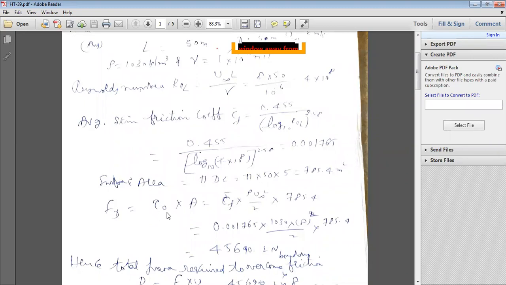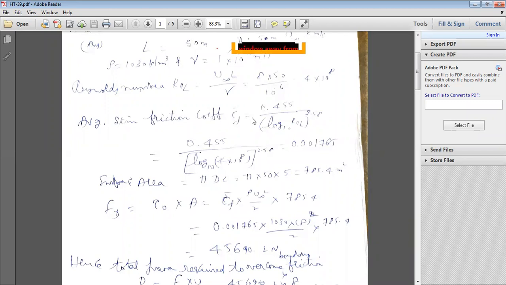How do you calculate shear force, drag force? Shear stress tau into area. But how do you calculate shear stress? From the basic derivations, Cf bar into rho into velocity square divided by 2, where Cf bar is the average skin friction coefficient. So first you have to calculate the average skin friction coefficient.